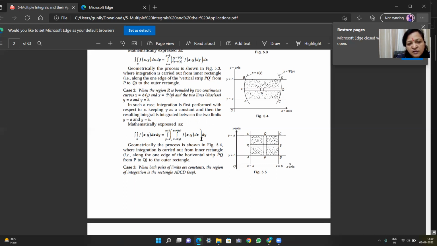So in this case, first we integrate with respect to x, then with respect to y.